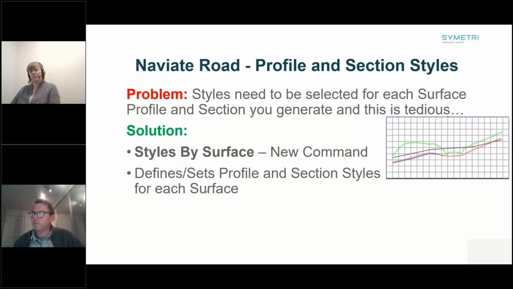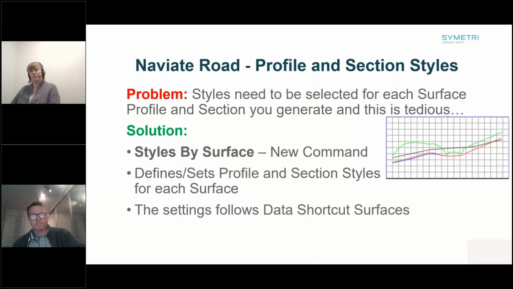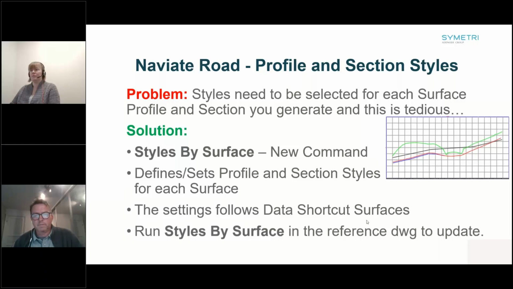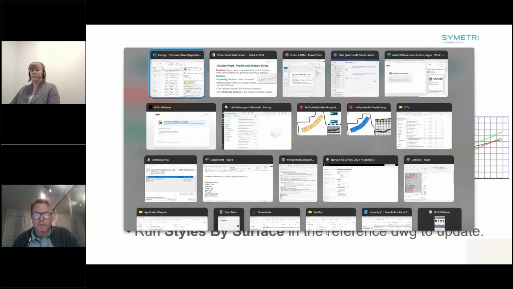We define it by surface instead of by profile and section. These settings follow data shortcut surfaces. So if you set that in your original surface or drawing, it's going to come to where you use it as a data shortcut. All you need to do then is run the command Style by Surface in the reference drawing. I'll try to show this now.